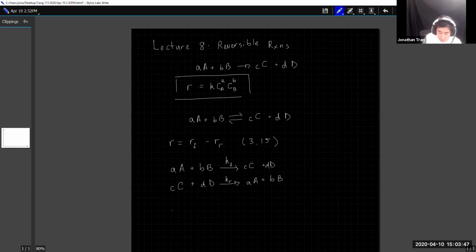So in the case of a reversible reaction, we have a rate law of the form r equals k_f times C_A to the power of a, C_B to the power of b, minus the reverse reaction, which is going to look like k_r, C_C to the power of c, and C_D to the power of d.